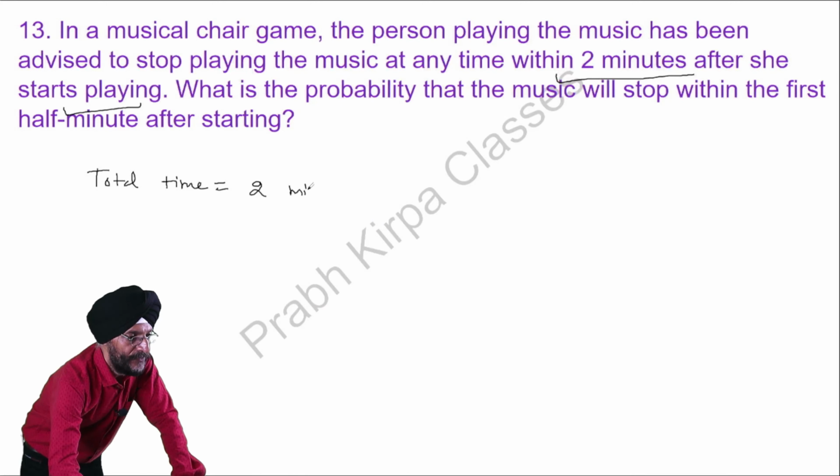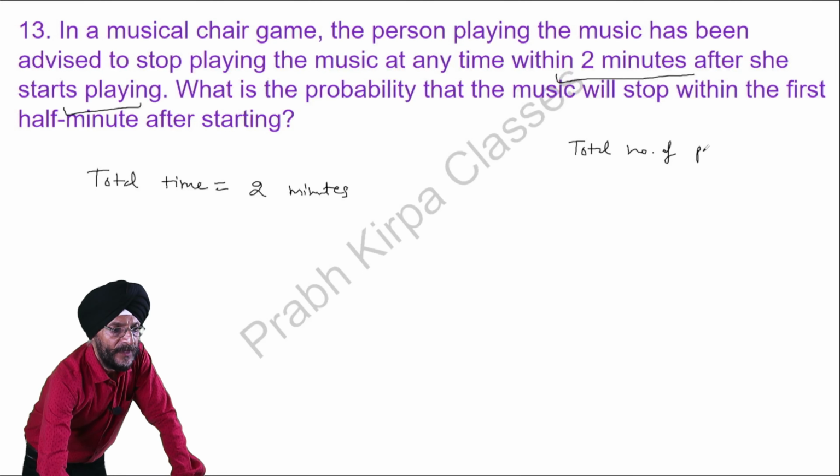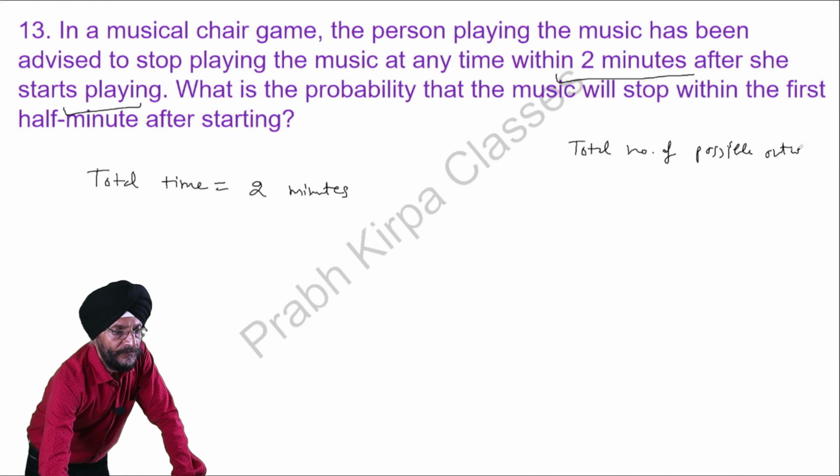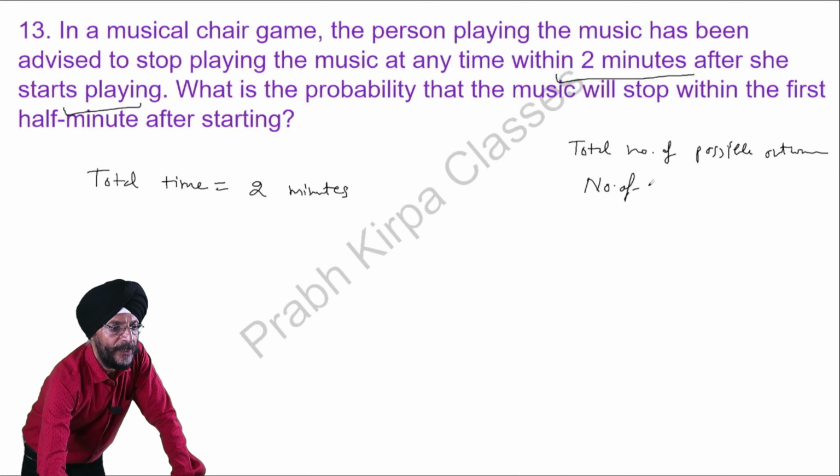Normally we arrive at the total number of possible outcomes, and then in normal questions we find out the number of favorable outcomes.